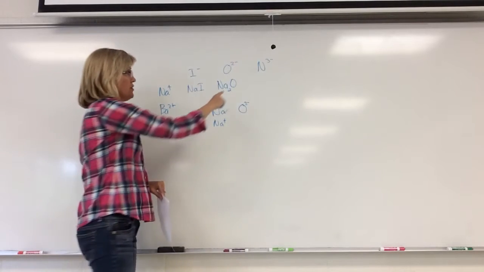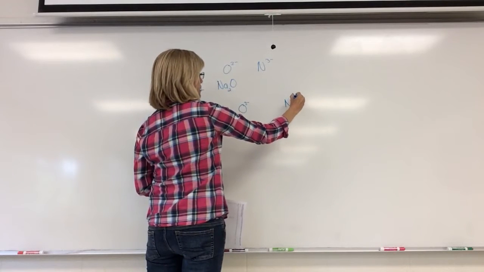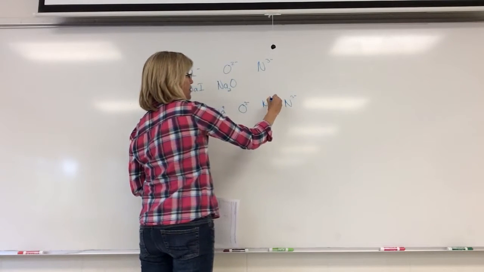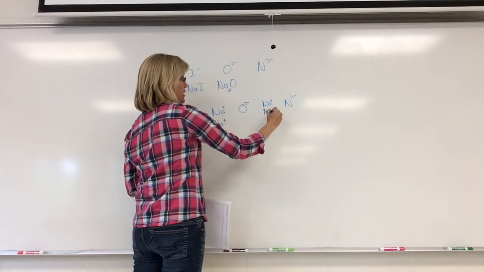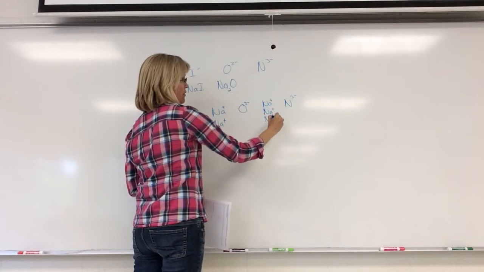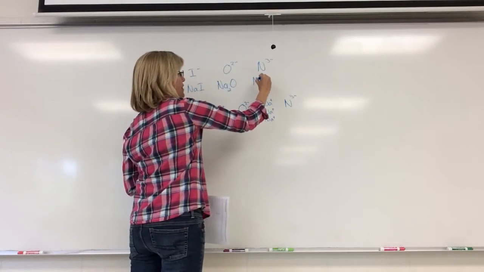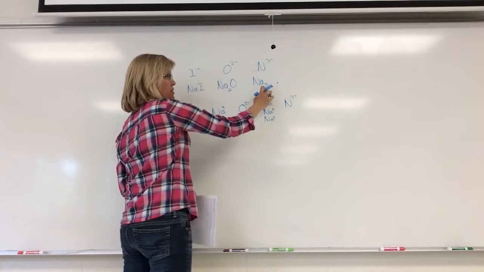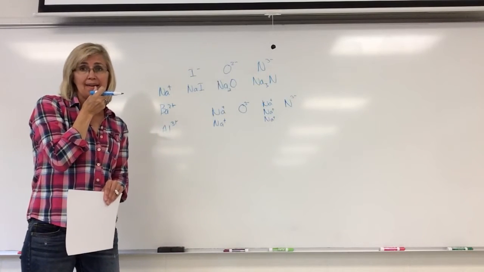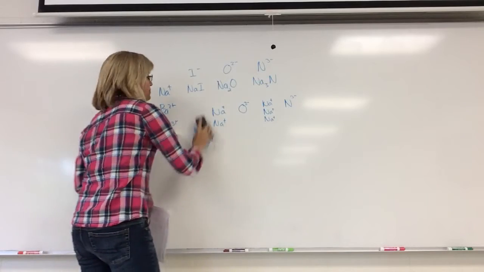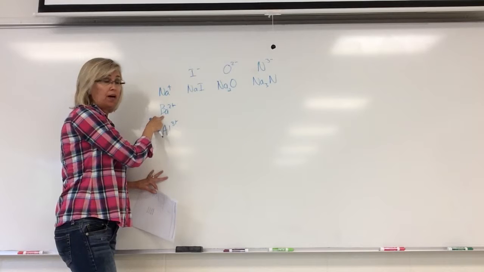And then using that same logic, if I've got an N3- and an Na+, then to balance the charge, I'm going to need 3 sodiums to balance that 1 nitride. And how do I write that in a formula? I need 3 sodiums to balance 1 nitride.